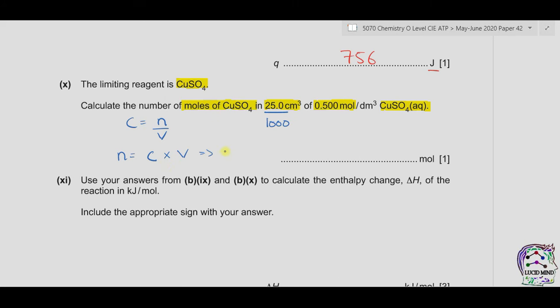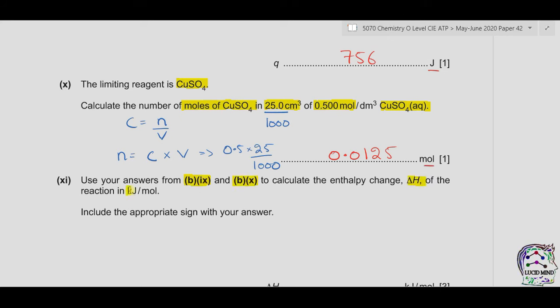So the number of moles is equal to 0.5 into 25 divided by 1000. It comes equal to 0.0125 moles.